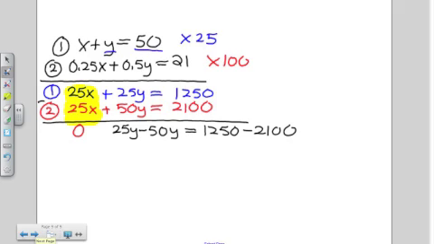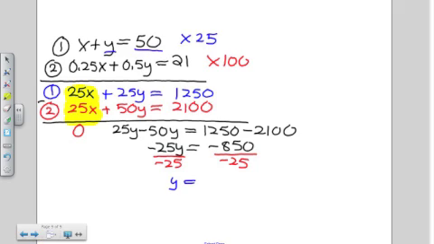And when I do that, I get negative 25y is equal to negative 850. Now if I divide both sides by negative 25, I get a final value, y is equal to 34 kilograms.